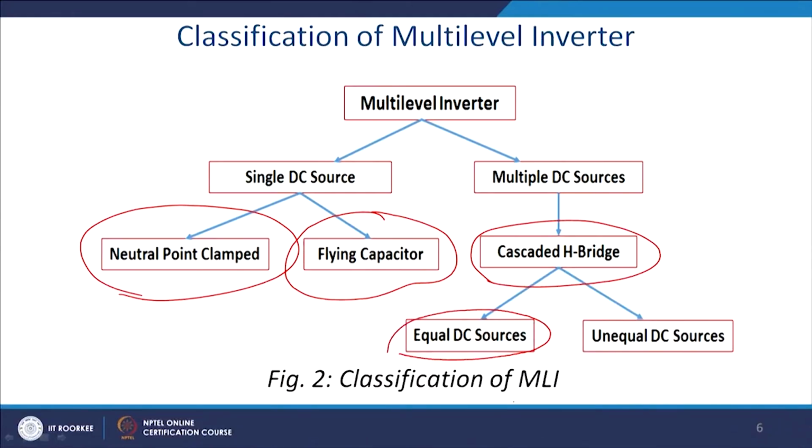You can have equal DC source voltages, or you may try to generate unequal ones, so that you can actually replicate the sine wave. So, that can be used for the unequal DC source.